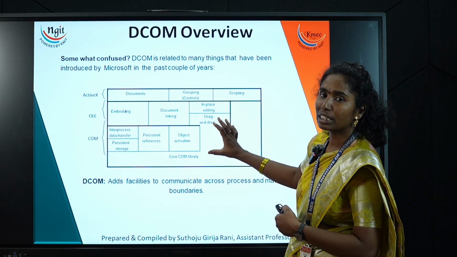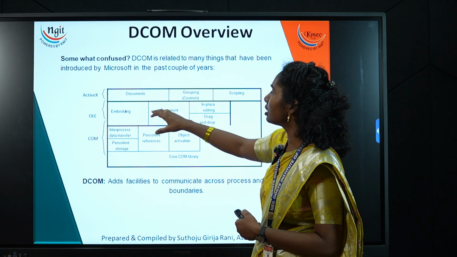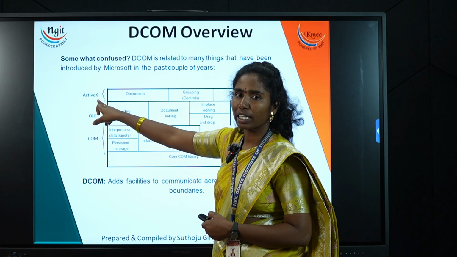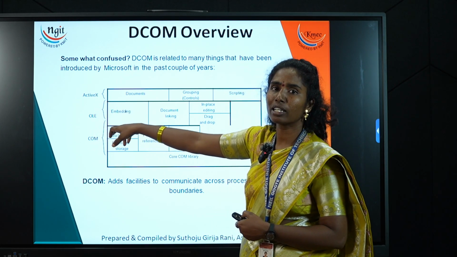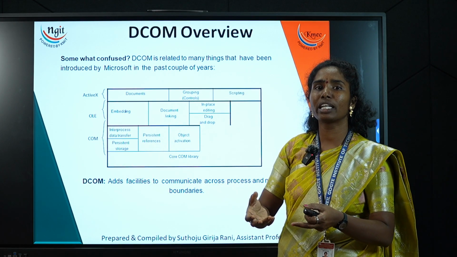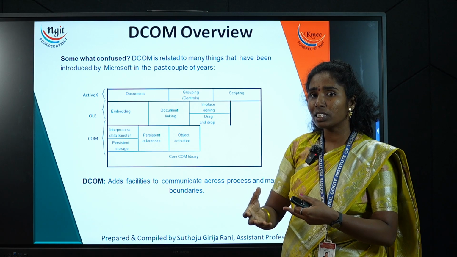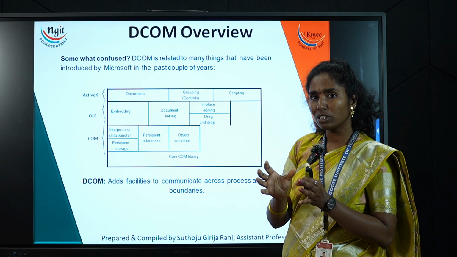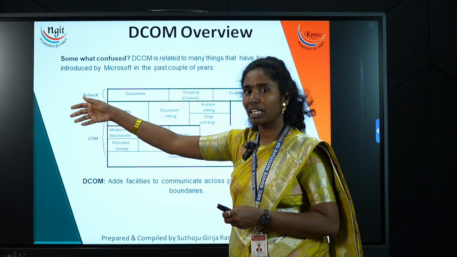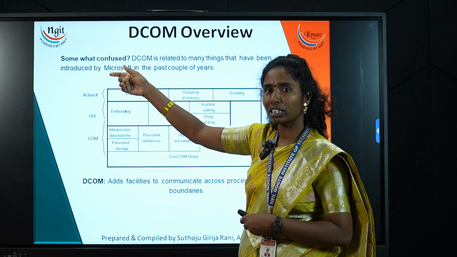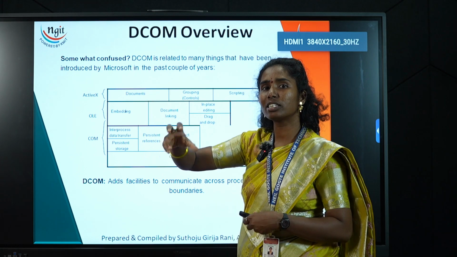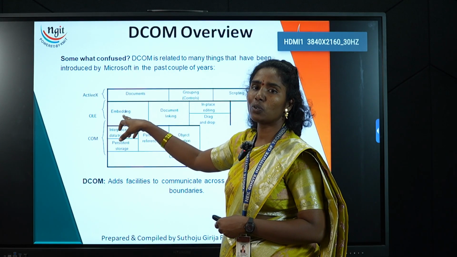Now the architecture. On the top layer we have ActiveX, and the next is OLE, which is object linking and embedding. We take a few services which are linked to our particular solution. If we need anything extra from another source, we go across the machine boundaries. Whenever we need a particular service, we can embed it into our system.